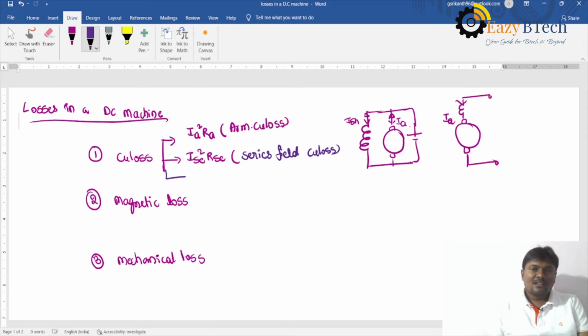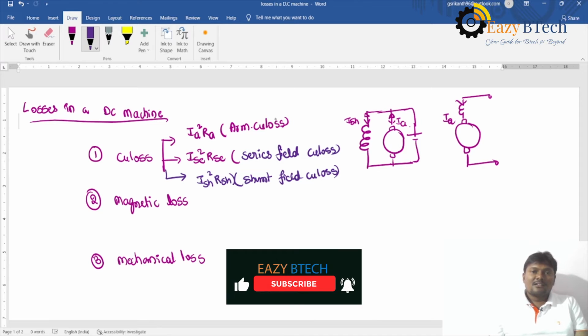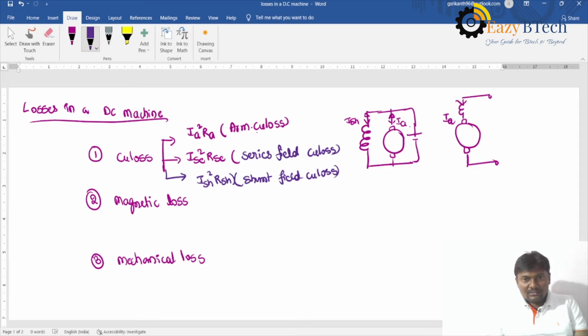And one more loss is also there, that is ISH square into RSH. This is the shunt field copper loss. The loss which takes place in the copper winding, since the winding is made of copper, is why it is called the armature copper loss, series field copper loss, or shunt field copper loss. That's why the name is assigned as copper loss.